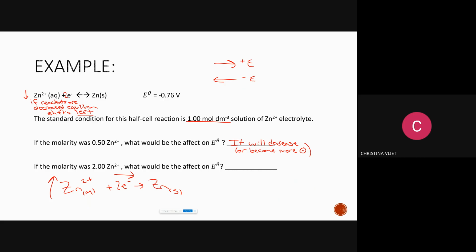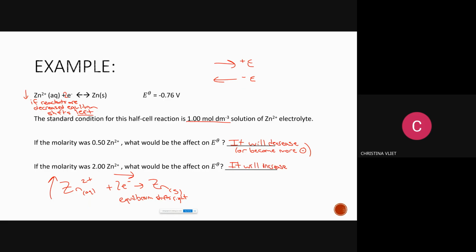If I make more products, because equilibrium shifts to the right, what happens to the E-value? It increases. We don't know how much it increases by. This is not quantitative yet. We just know that it's going to go up, right? So it will increase.